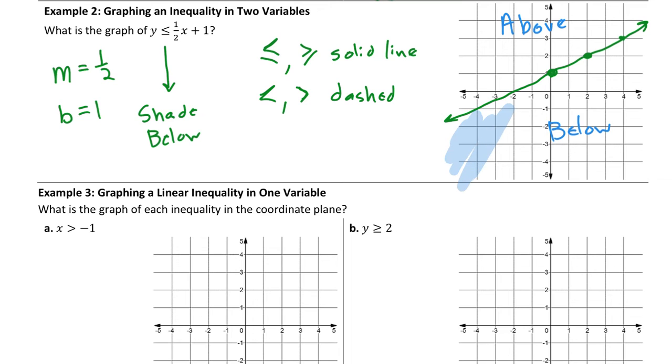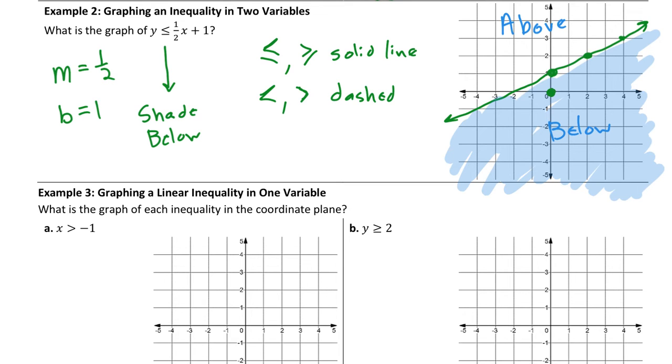So if you have a pencil, just shade kind of lightly. You don't need to black out your entire side of your line, but this would be me shading below the line. The thing you can do to check to see that you shaded correctly is you can always substitute a number in that falls in your shaded region, because any point in this region I shaded in blue is a solution.